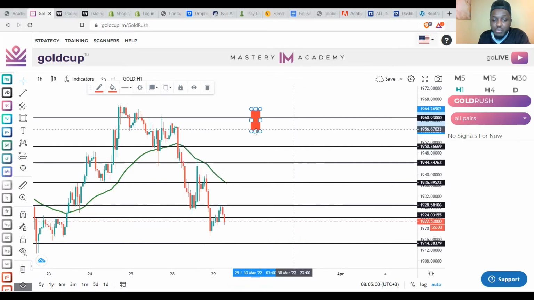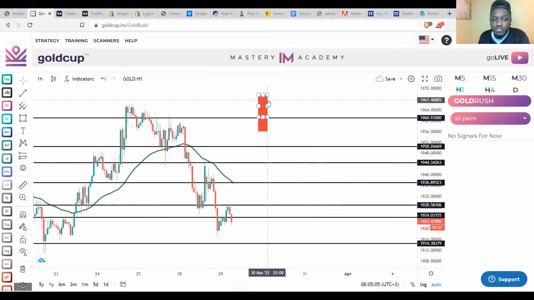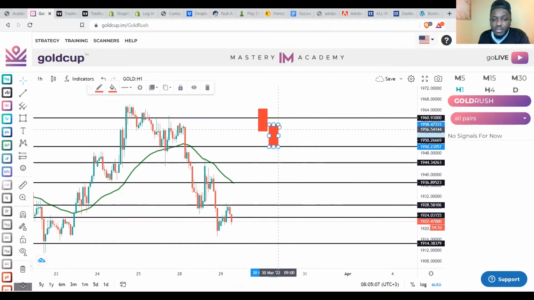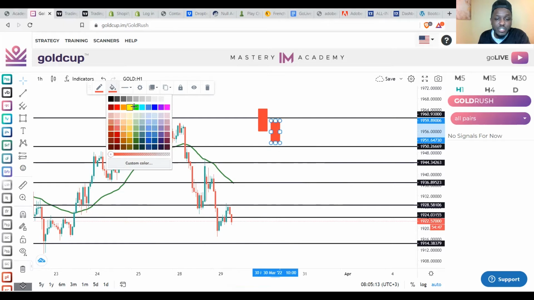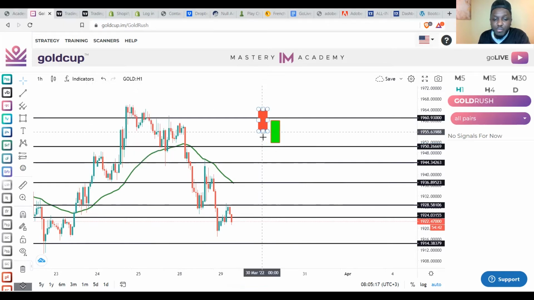You learn to do the break, and the retest is where it gets interesting, because you're going to realize that it's not so different from one another.